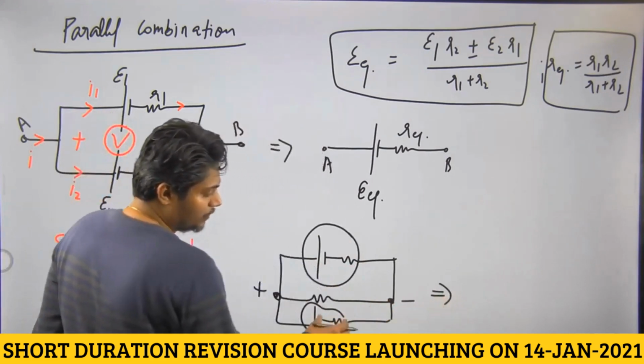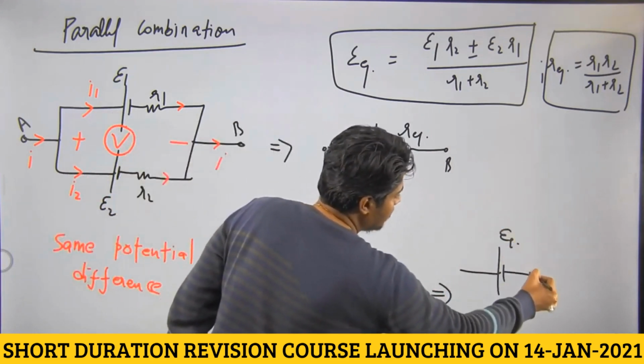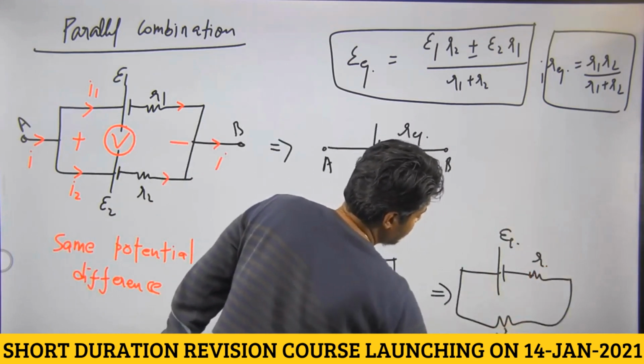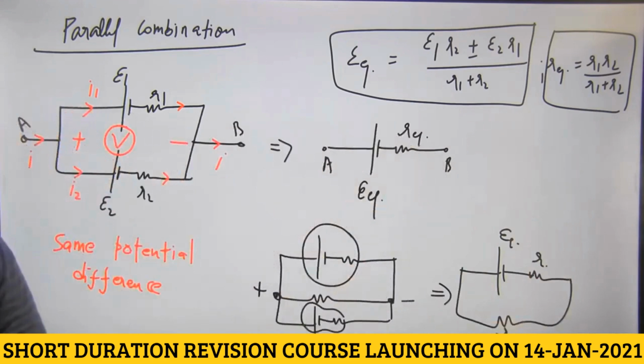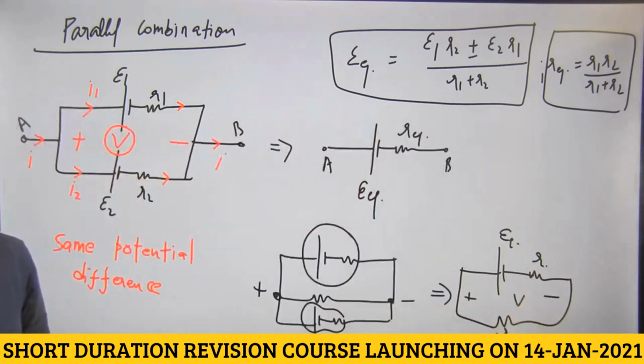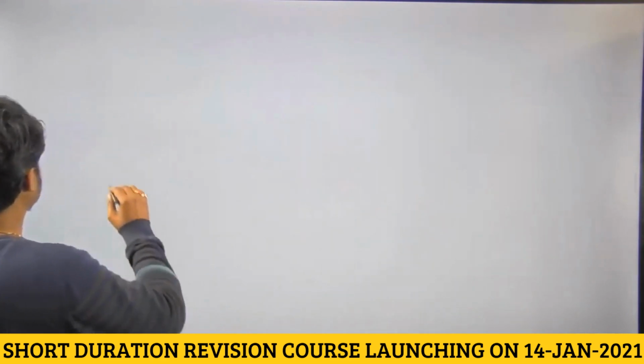So instead of drawing two batteries, we can combine them and say this is E equivalent with R equivalent, upon that external resistance R, and you can determine the current and the potential difference directly. Very important to understand.